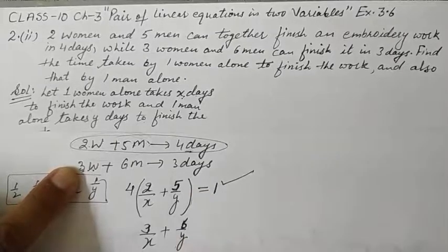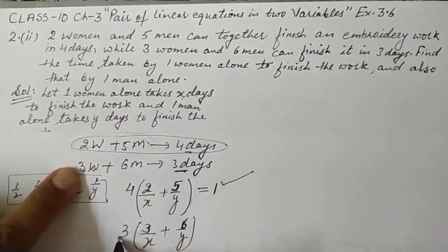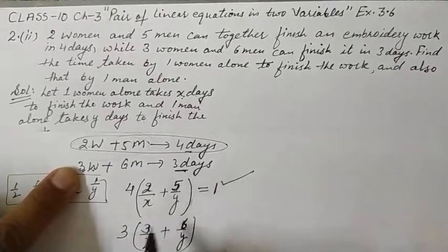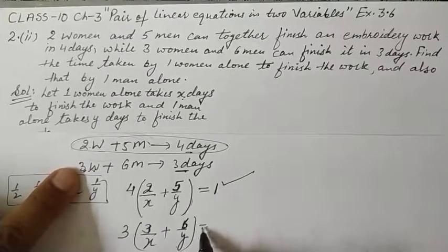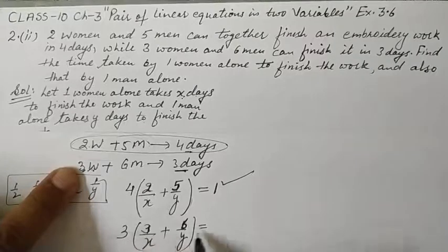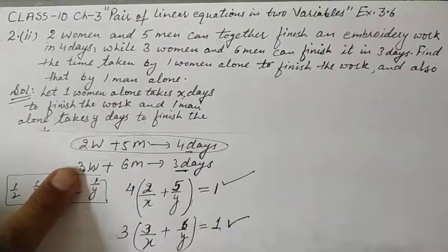We will add these two. And what is 3 women's and 6 men's 3 days work? You multiply with 3, and in 3 days they complete one full work. So this will be our second equation, and we will solve these two equations.